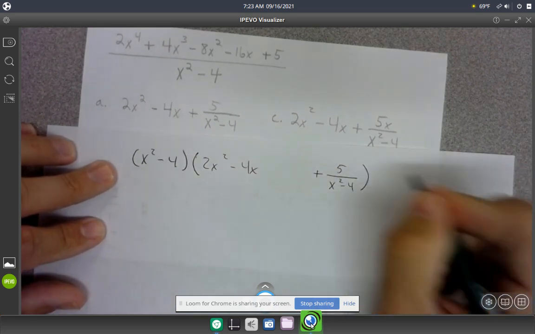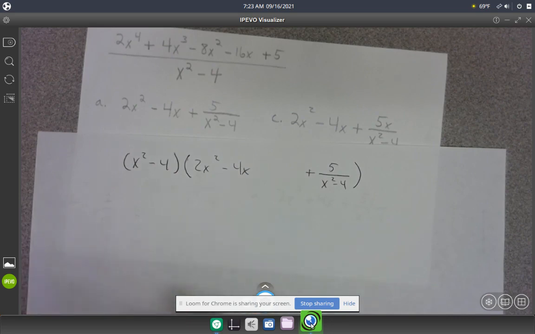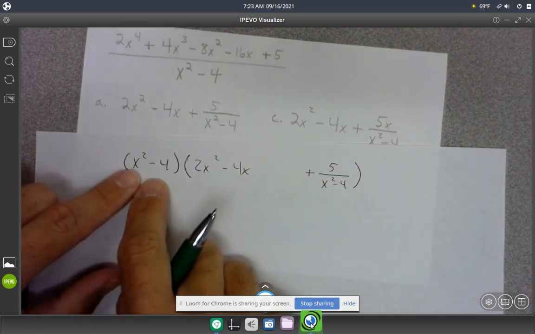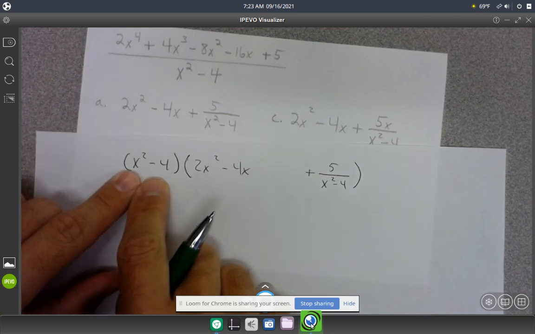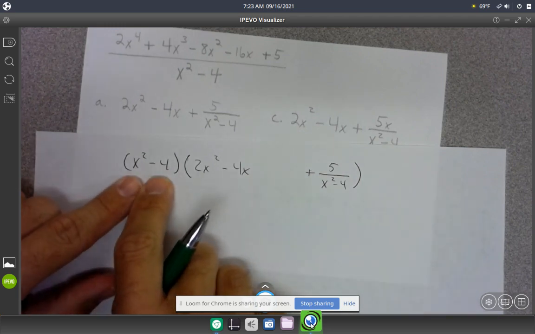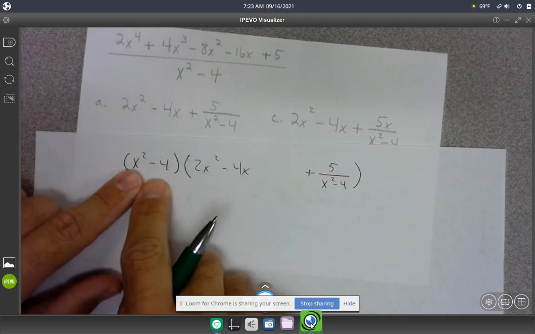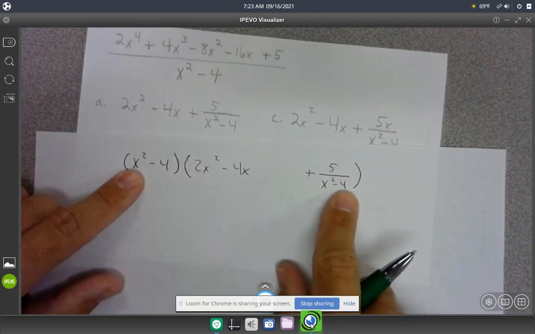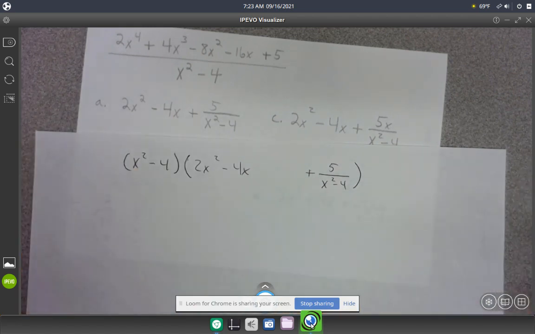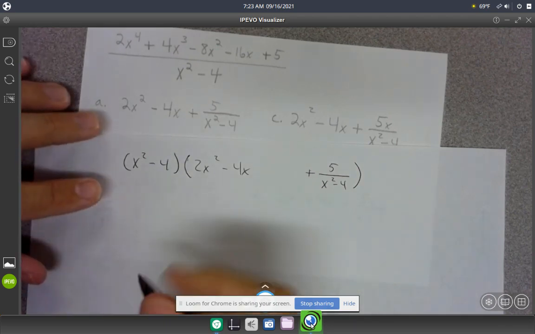This is going to end up being the distributive property. The way it's going to work out is x squared minus 4 times this, and x squared minus 4 times this, and then we're just adding up all those answers. I'm kind of separating them out so I can make it look a little less scary, I guess.